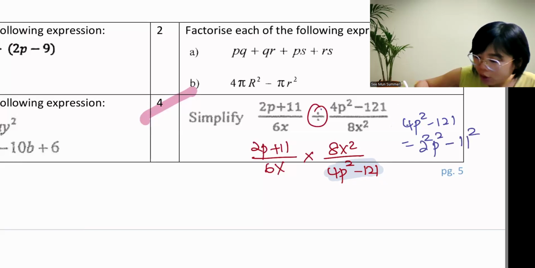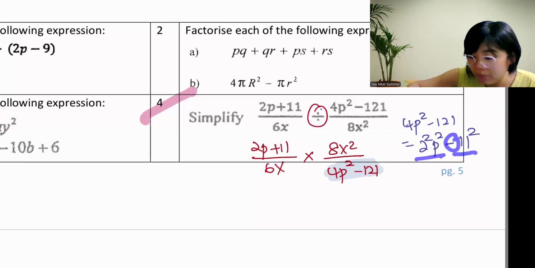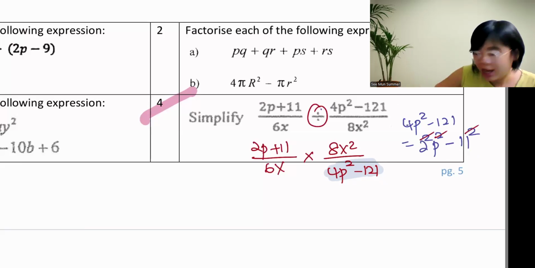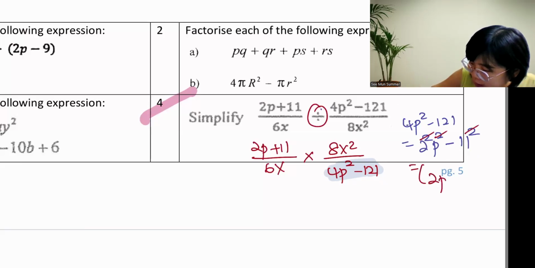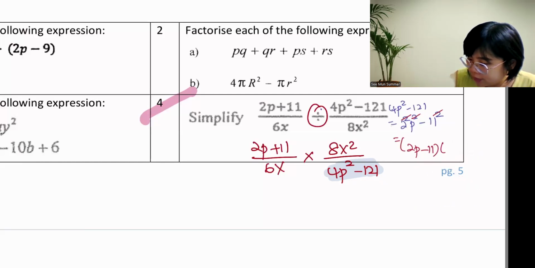So if you can totally convert them into square and in the middle is minus, then you can change something already. So you cancel off the square, square, square. And then you will get first bracket is 2p minus 11. And then next bracket will be from minus convert to plus 2p plus 11.